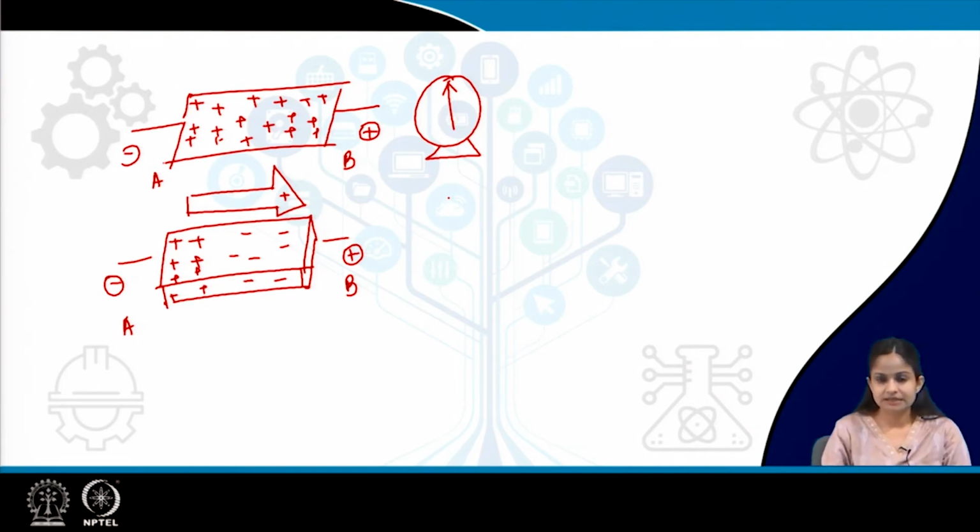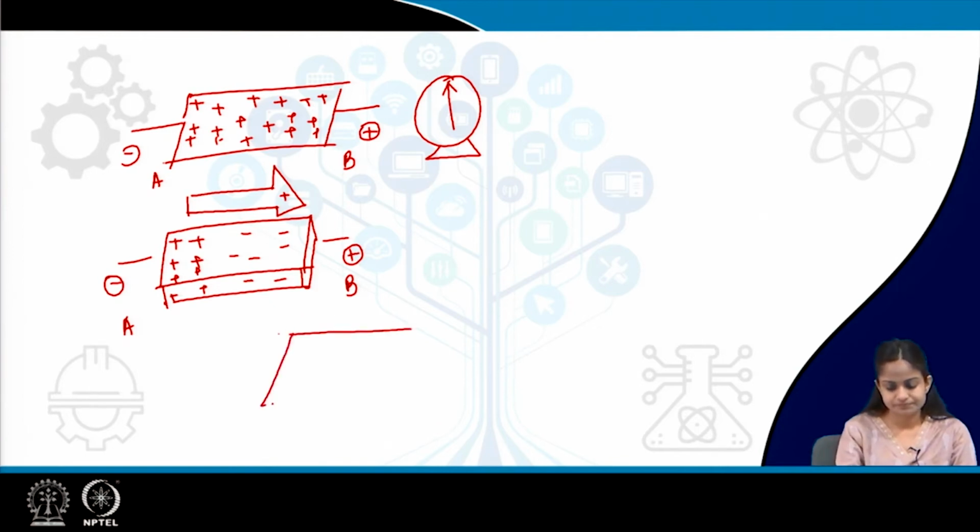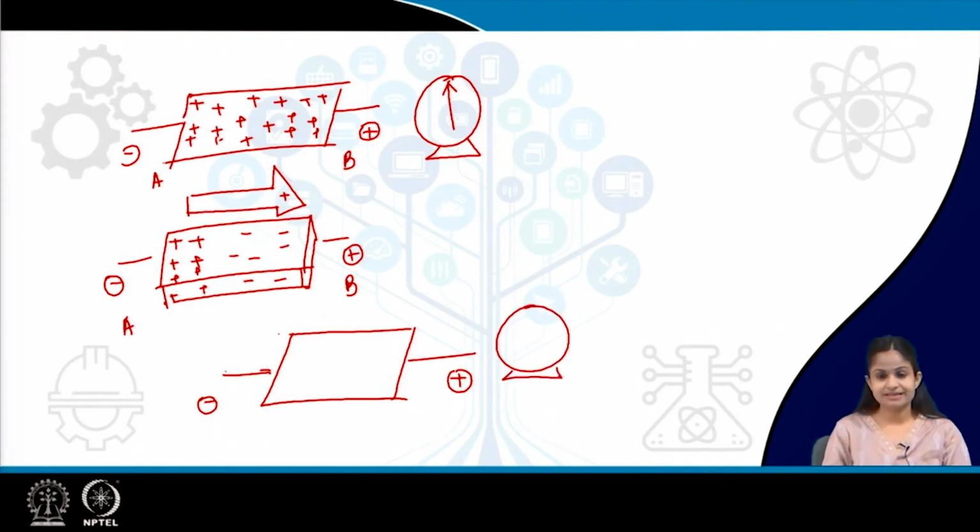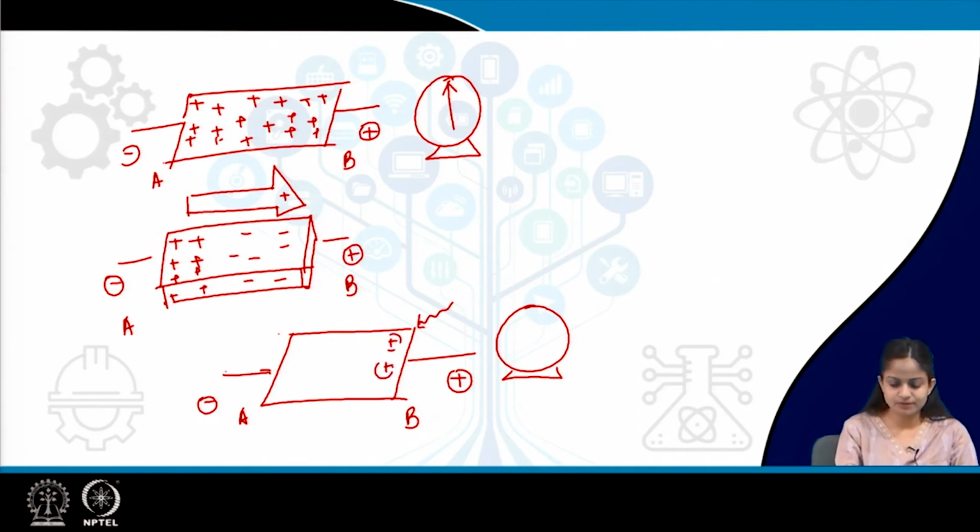With this, another example: suppose this is again the negative terminal, this is again the positive terminal, a galvanometer is attached, this is point A, this is point B. Now, this time instead of stimulating at point A, suppose the stimulation is done at point B. So, obviously, point B will be positive.